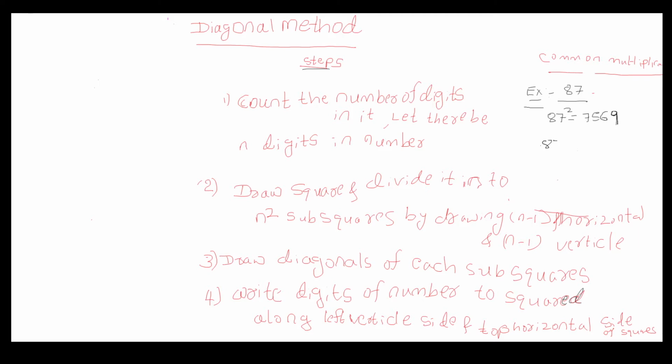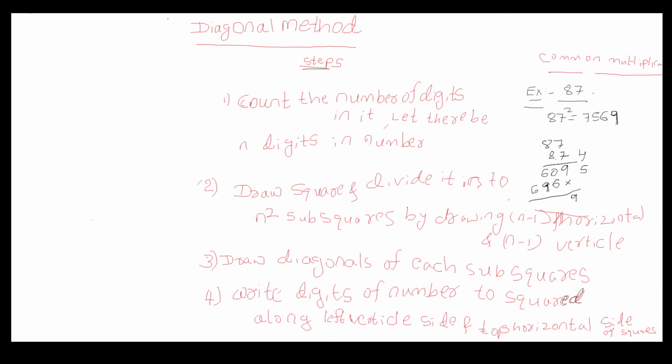That is common multiplication. 87 into 87: 7 sevens are 49, 8 into 7 is 56, plus 4, that is 60. Then 87 into 5 again 56, keep 5 as it is. 8 into 8 is 64, that is 69.